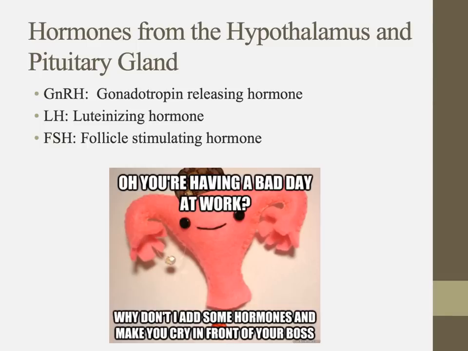Here are some hormones that you need to know. We have GnRH, which stands for gonadotropin releasing hormone. This is going to trigger the release of other hormones. We also have LH, or luteinizing hormone, and we'll talk more about these later. And then we have FSH, or follicle stimulating hormone.